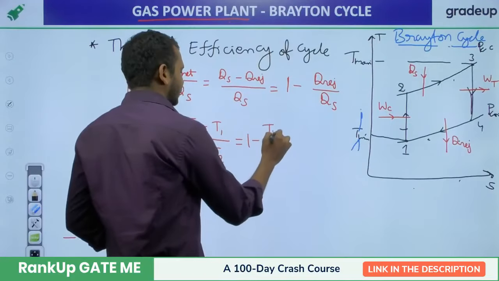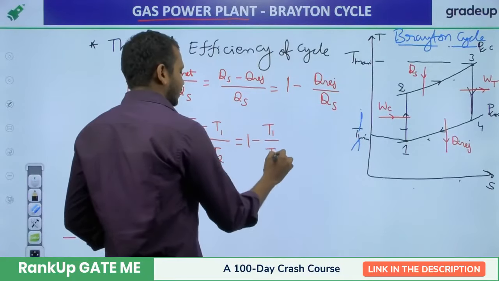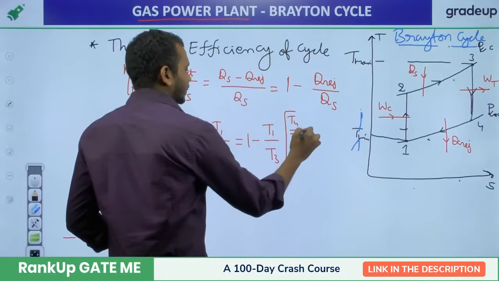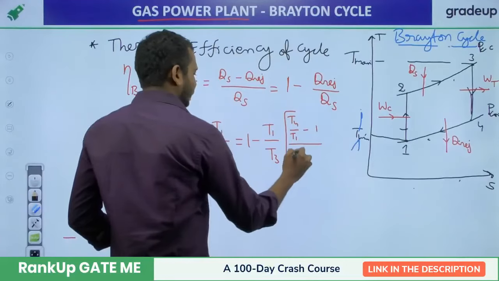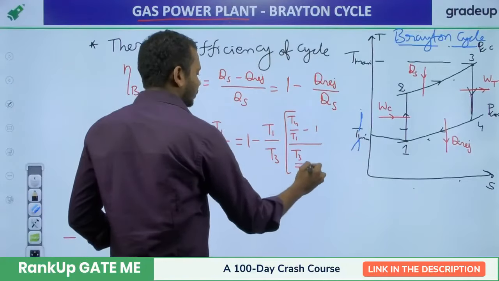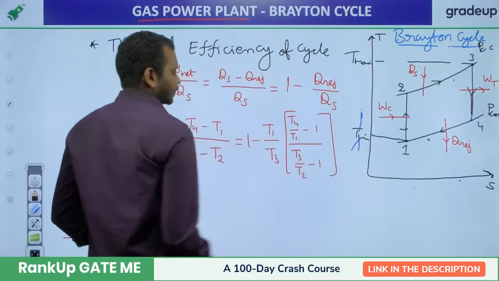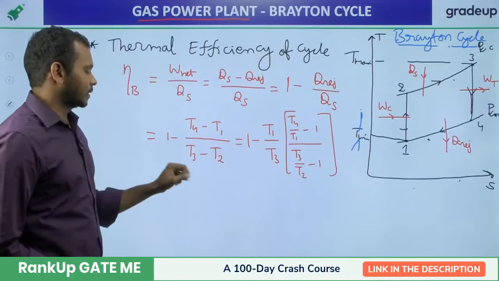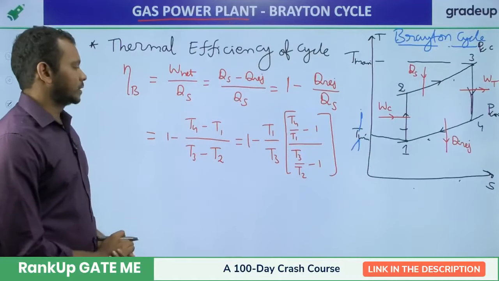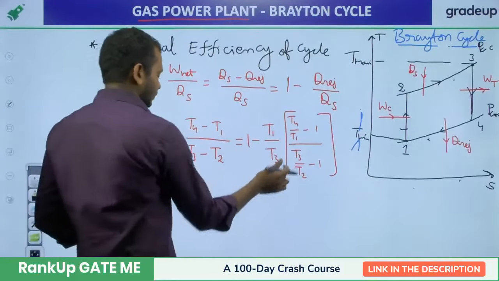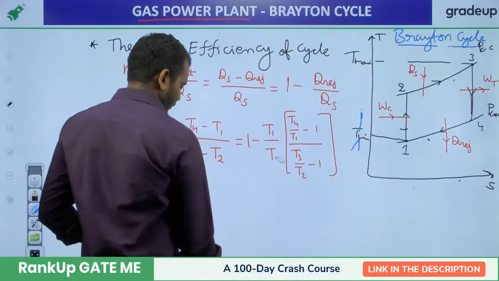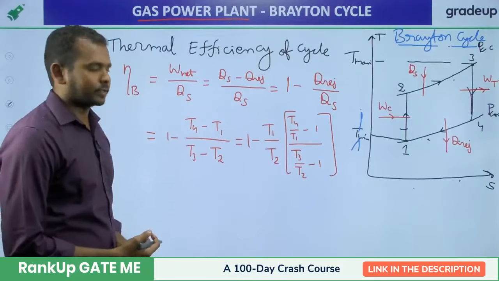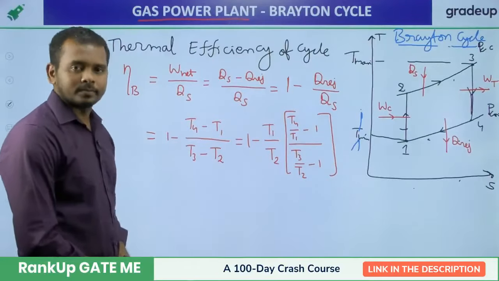Let me take T1 common from the numerator and T2 common from the denominator, so that it will be T3 by T2 minus 1, and here T4 by T1 minus 1.